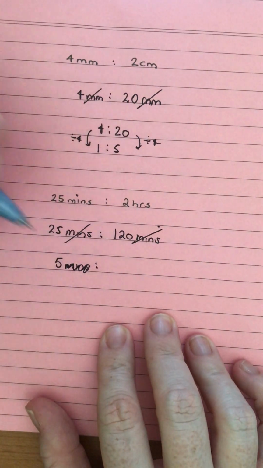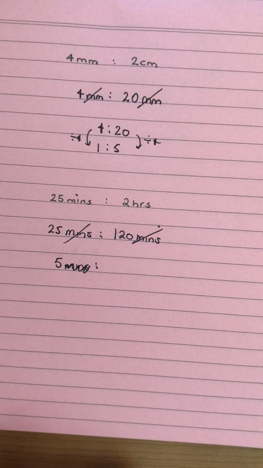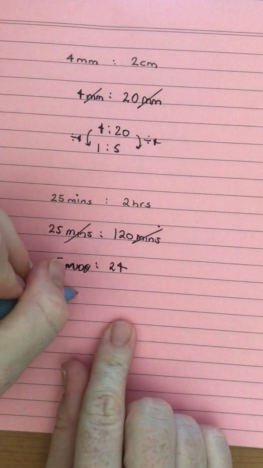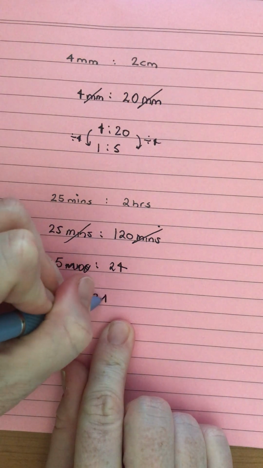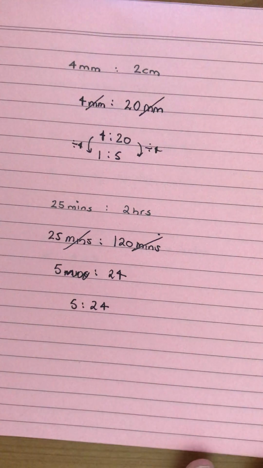So I'm going to scratch that out. My 5 is to 2. Now 120 divided by 5 gives me 24. So I have 5:24. They don't have any common factors, so I'll leave that there as my final answer.